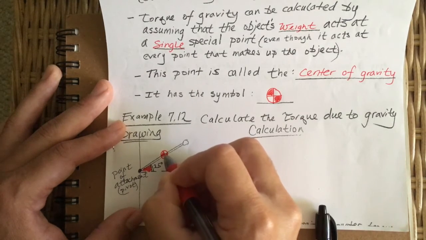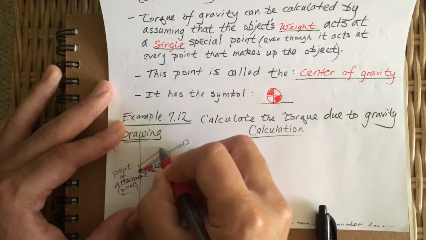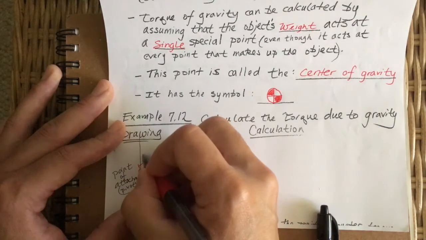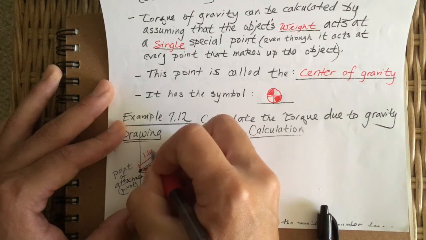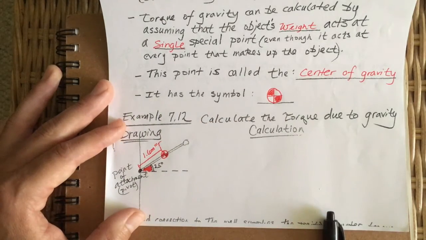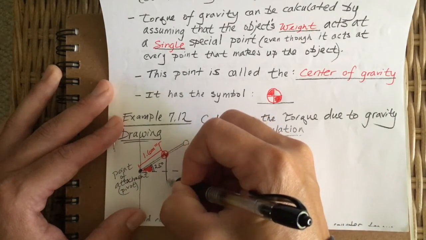So I'm going to go ahead and draw that symbol. 1.6 meters from the wall, or from the pivot or the point of attachment. So that's going to be my R. Right, that's R right there. Okay, and then the force of gravity is going to act at the center of gravity, and it's going to point straight down.